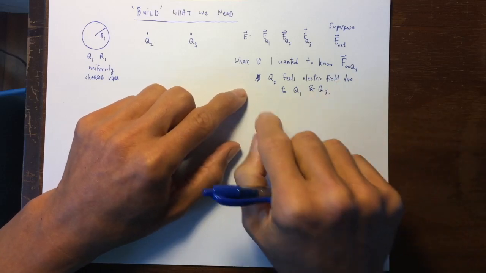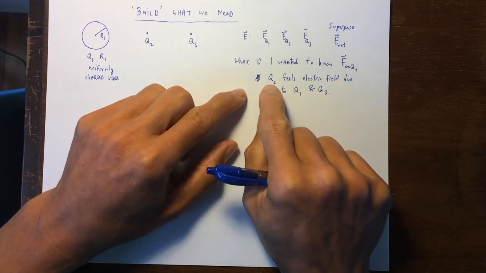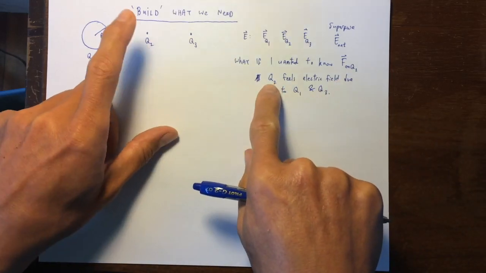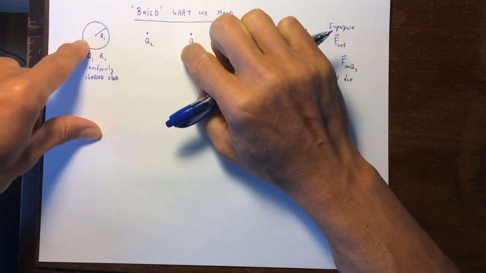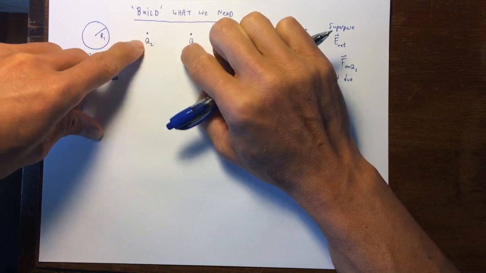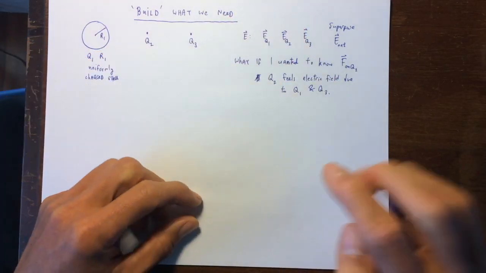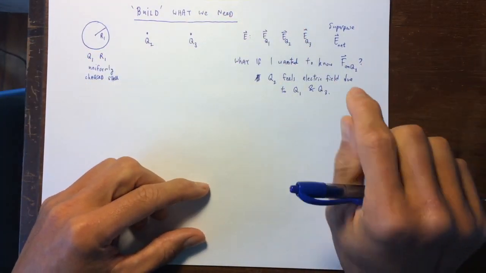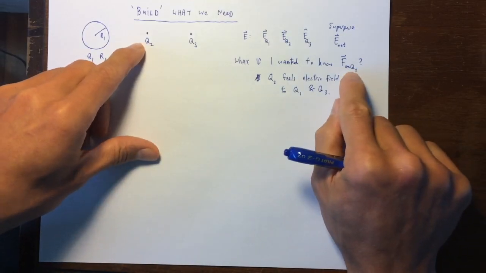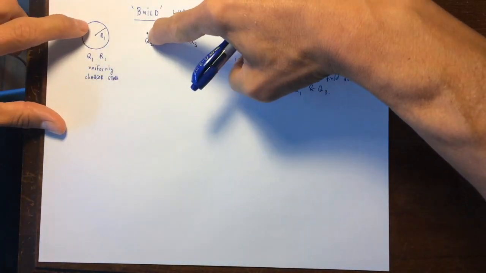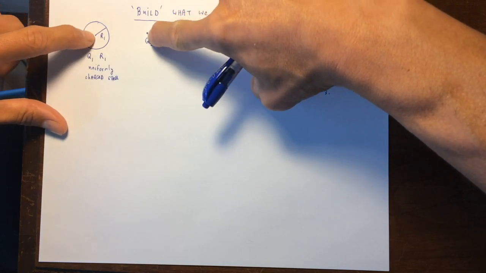So if you wanted to know what electric field Q2 feels, it feels the electric field by the other charges in the world, not its own electric field. In order to figure out the force, actually, it's pretty easy if you know how far away Q2 is from the center of Q1.